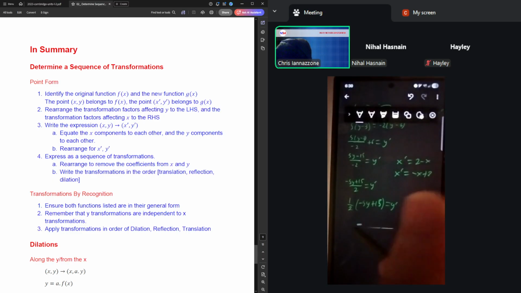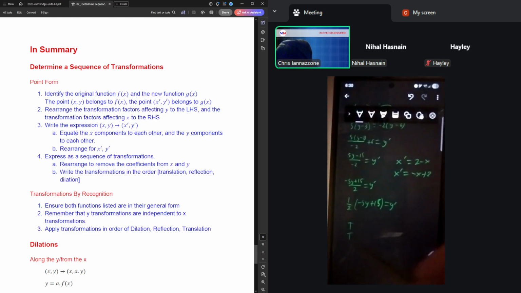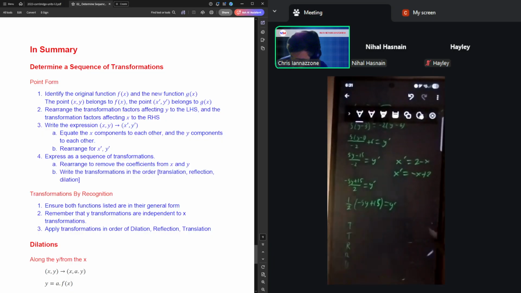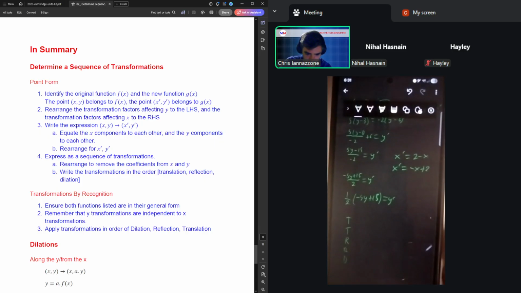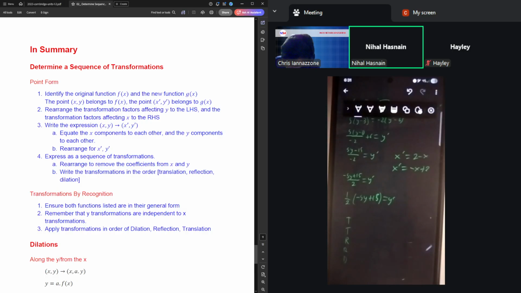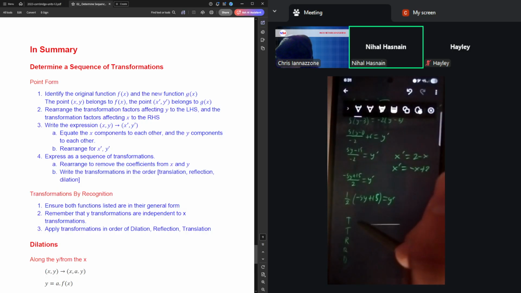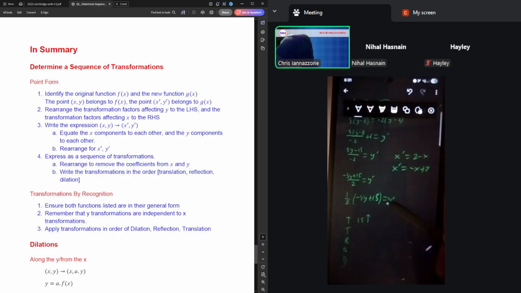All right, we got a couple of translates, 2 reflects actually, and a dilate. What are we looking for? Translates. Translation of 15 units up, because it's on the y.